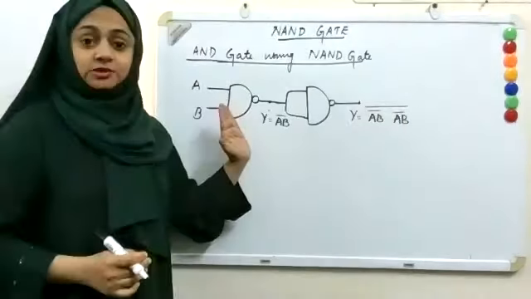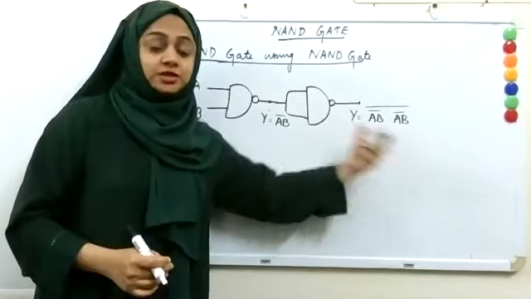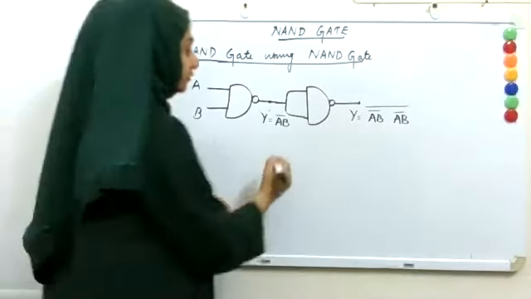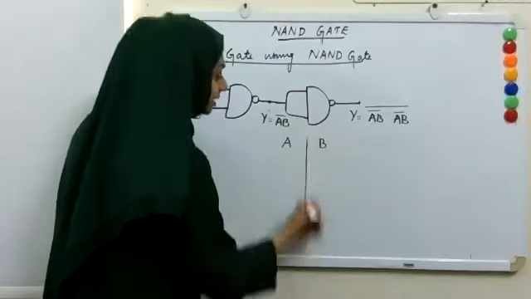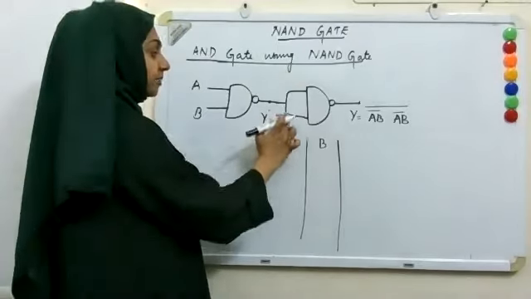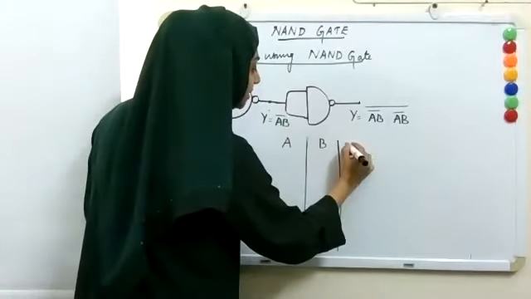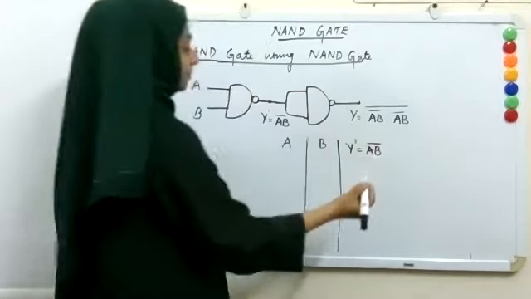So let us try to draw the truth table for them and find how it looks. So we have the inputs A and B. And then here we will get AB bar. So Y prime is equal to AB bar.